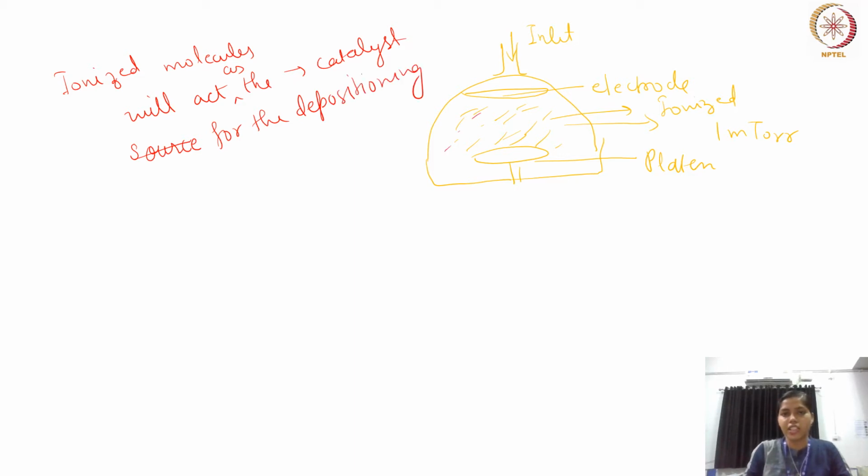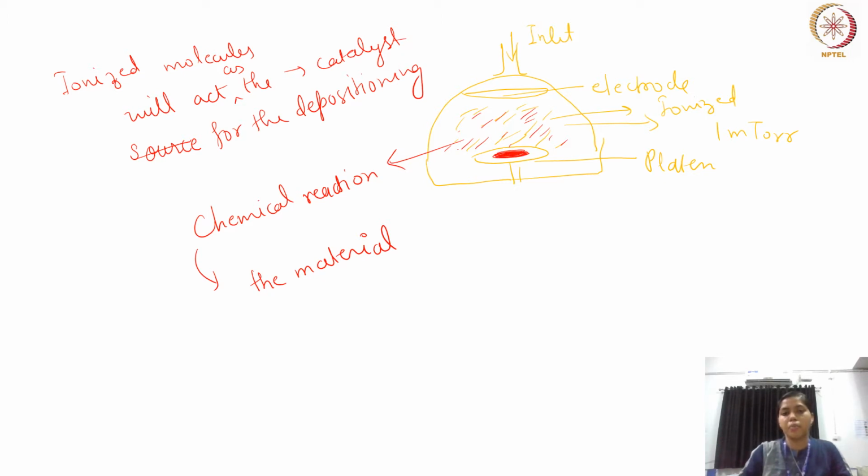Once this ionization happens here, some chemical reactions will occur, and following those chemical reactions, the material which we want to deposit on this substrate will get deposited on this substrate. Based on the material we want to deposit, the process gas may be different. The process gas may differ depending upon the material.